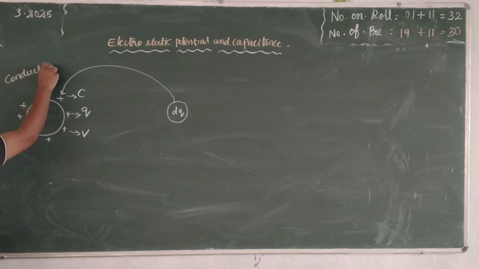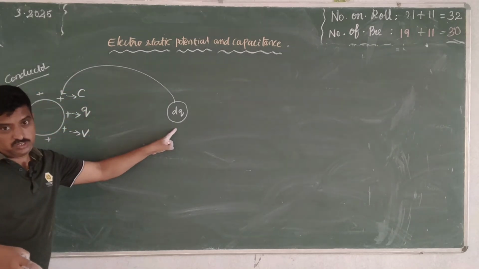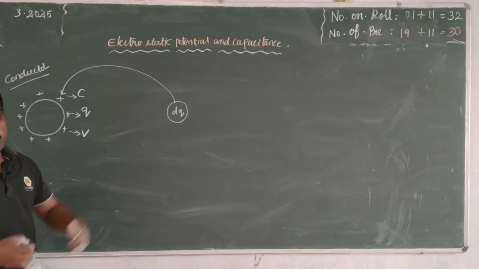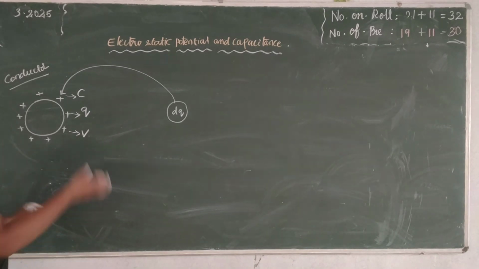We have to do some work, because a positive charge is already there, with some potential and electric field which opposes the dq charge. Positive repels positive, so we have to do some work to store it.